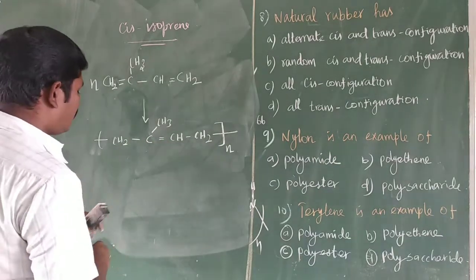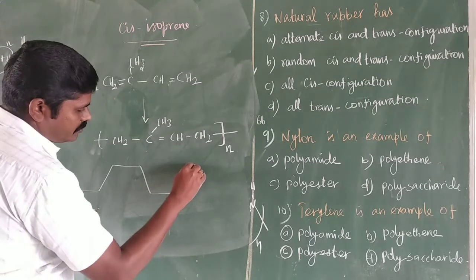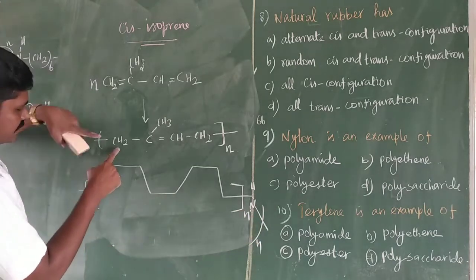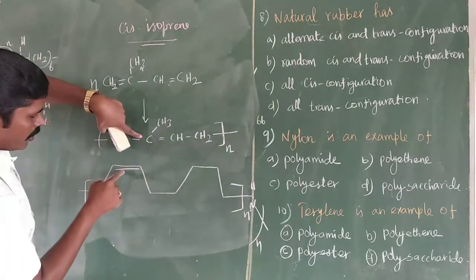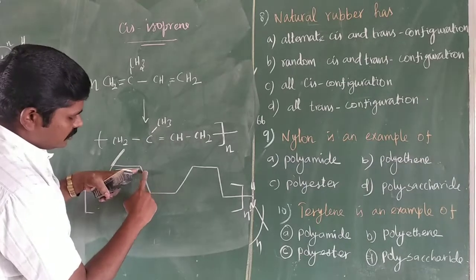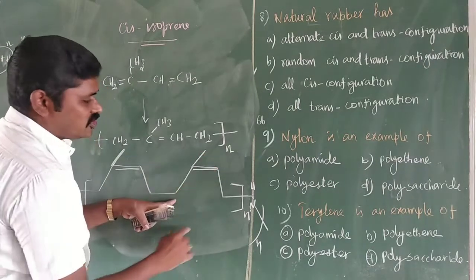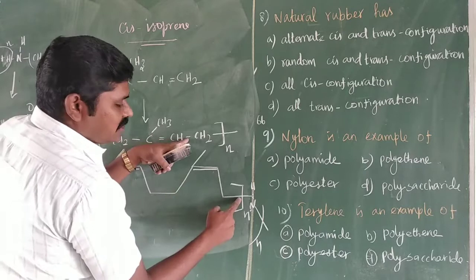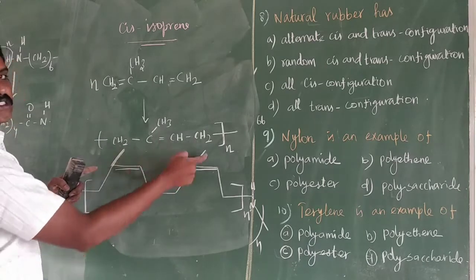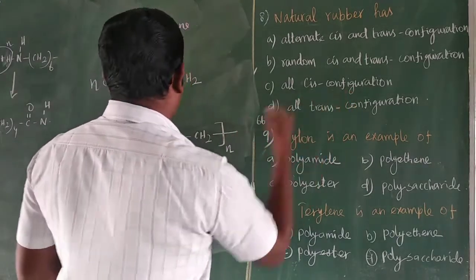The structure of natural rubber: N times CH2, C double bond CH3, CH2, next CH2, C double bond CH3, CH and CH2, etc. The methyl group is present in the cis form. So the cis isomer.